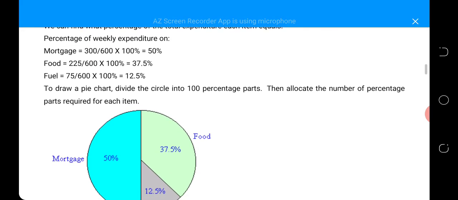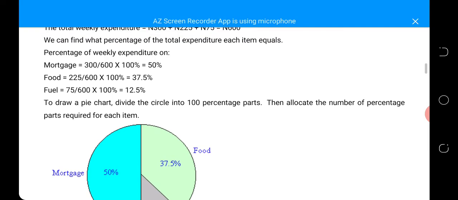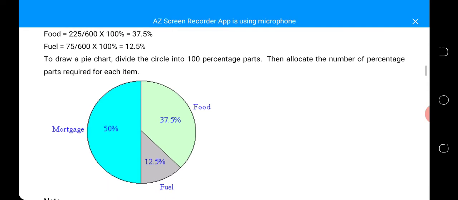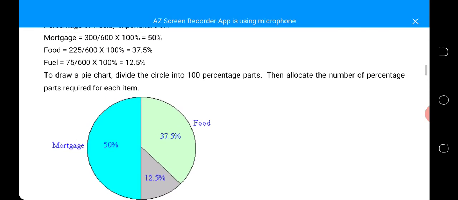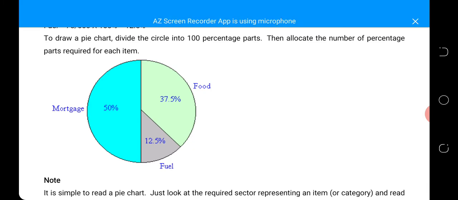This can be converted to a sectorial angle by dividing 300 by the total expenditure and multiplying it by 360 degrees. This is the sum of all the angles in a circle. And this is going to give us 180 degrees, which is half of the whole circle.